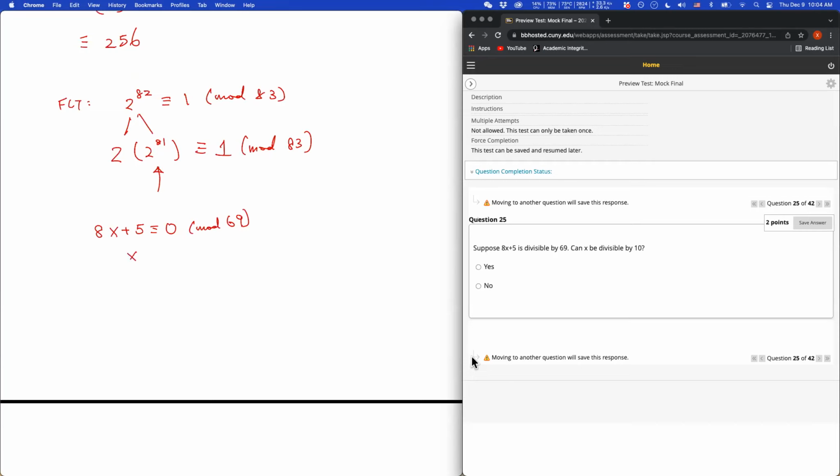Now you're asking, can you have this x also congruent to 0 mod 10? Well, can you find a solution for ax plus 5 congruent to 0 mod 69? Or if you move things around, you have ax congruent to -5 mod 69.